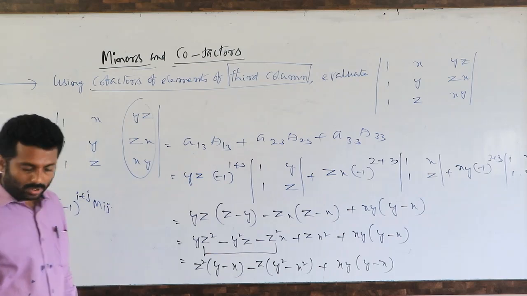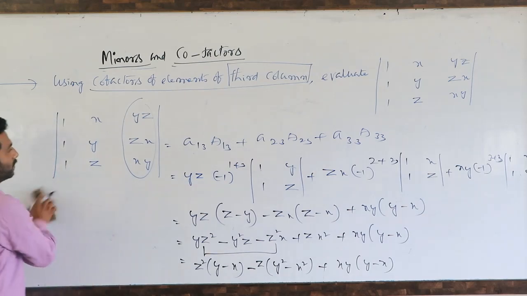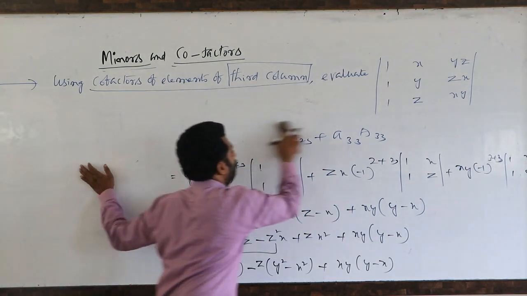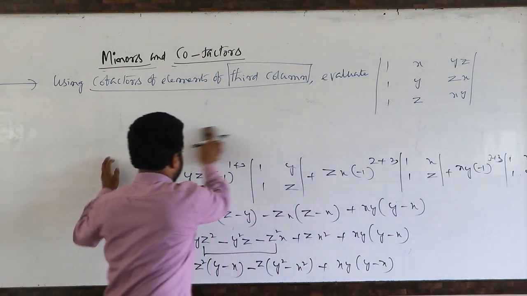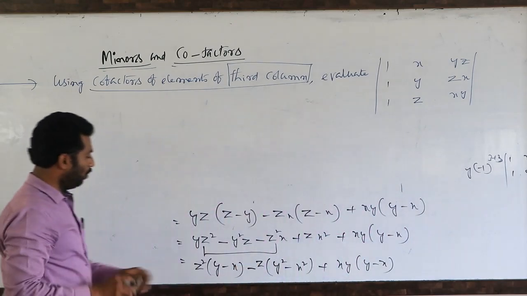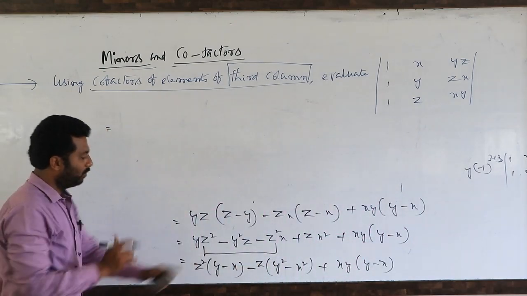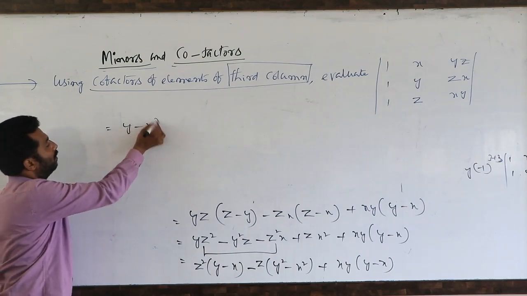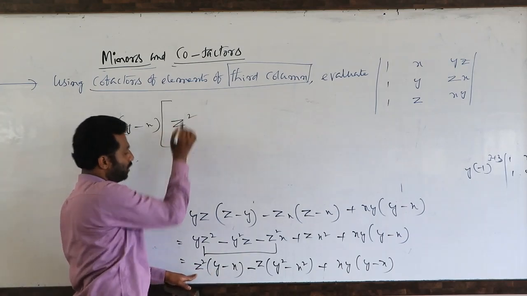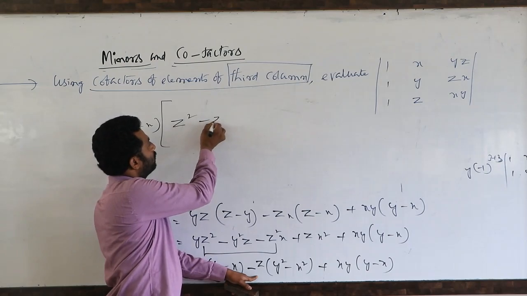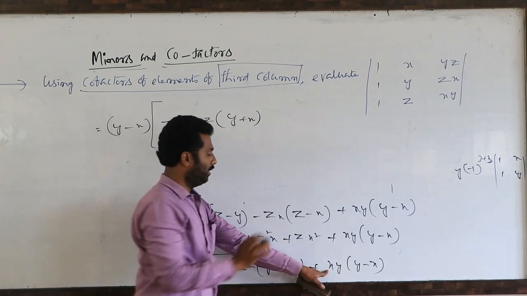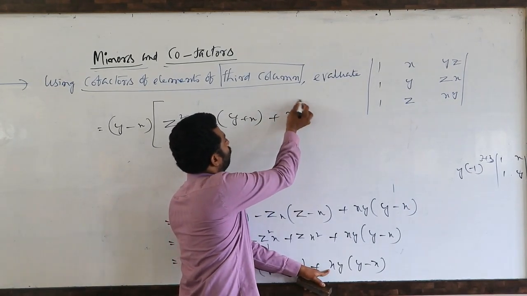Now, from the whole terms, can I take y minus x common? Y minus x common means what is left here? Z square. Here minus z into y plus x. Here plus xy.